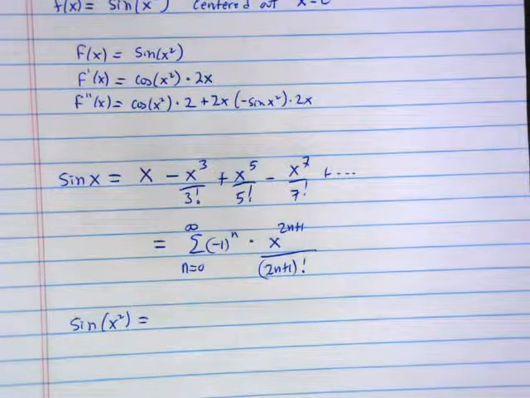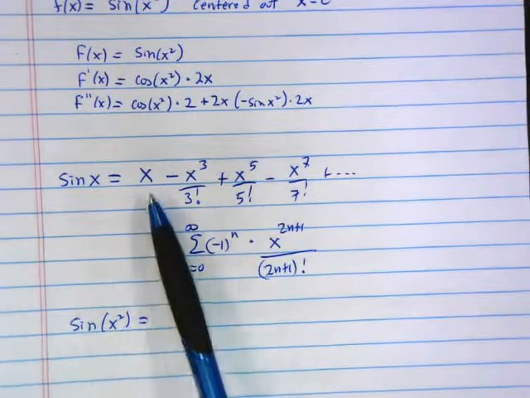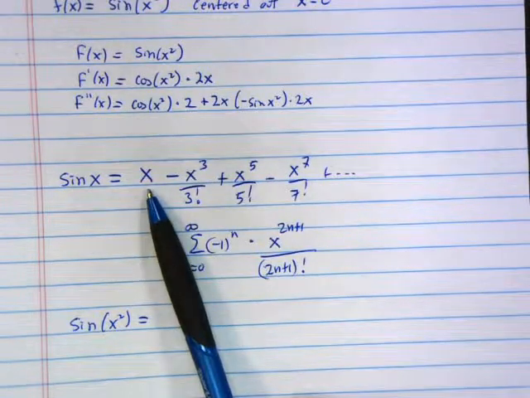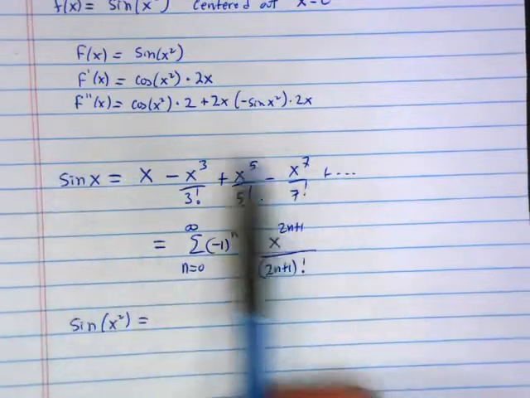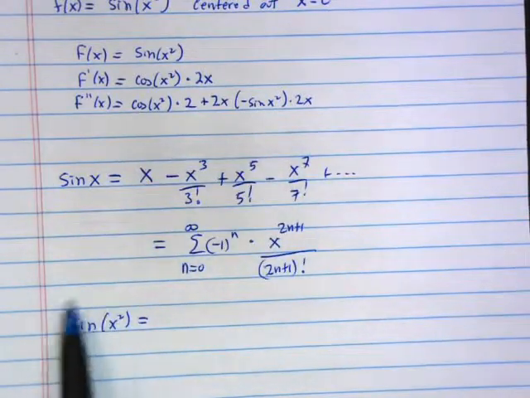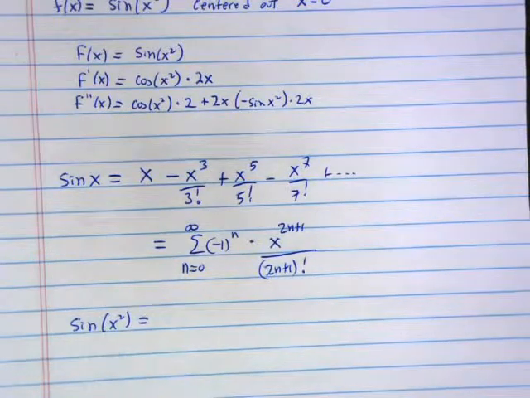Find the power series for sine of x squared. Square all the x's. Wherever there's an x, plug in an x squared. That's exactly right. So once you have one power series for a function, finding another power series for a related function is very easy, usually. We just plug in.